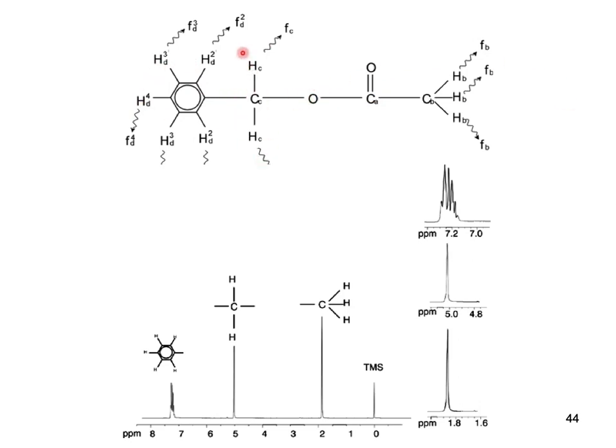So this CH2 is attached with two different parts which are more electronegative as compared to this CH3. This CH3 is attached with only carbonyl, but this CH2 is attached with this aromatic ring, which also has electron withdrawal effect. Oxygen also has electron withdrawal effect. So the protons of this carbon will be more de-shielded as compared to this one.